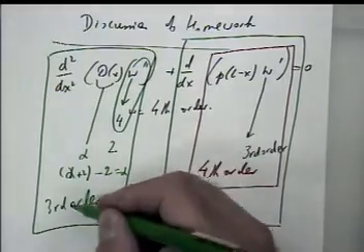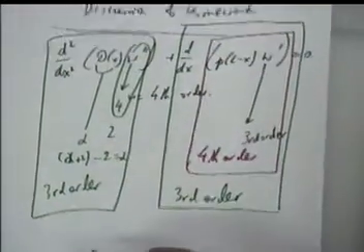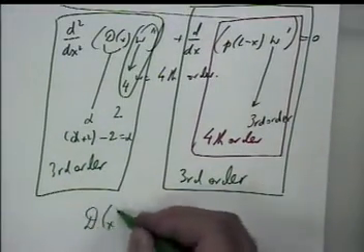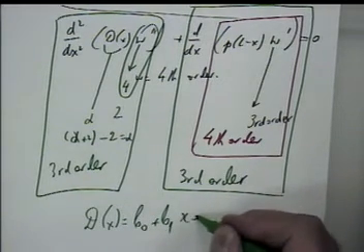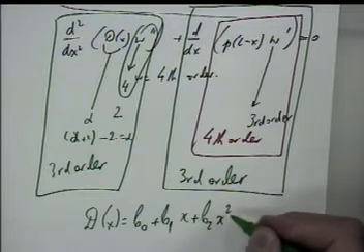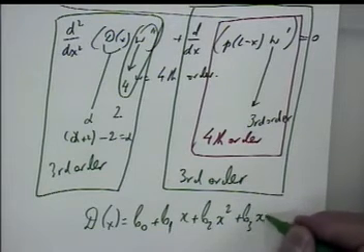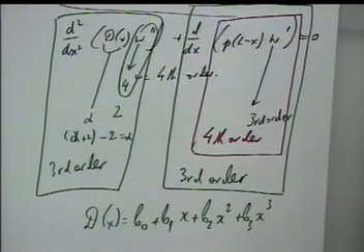So alpha should be 3. So D(x) is a third order polynomial. Okay, in the previous case, D(x) was a quadratic function. Now D(x) is a cubic function.